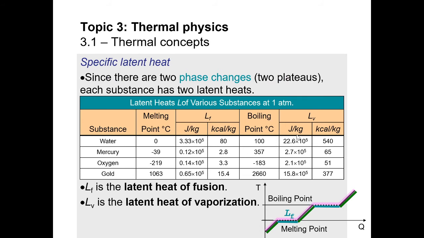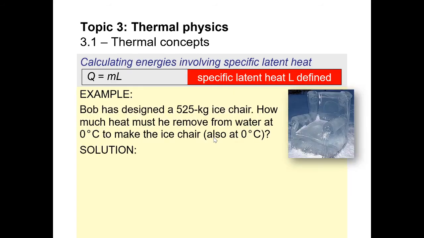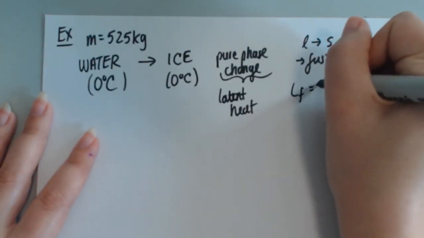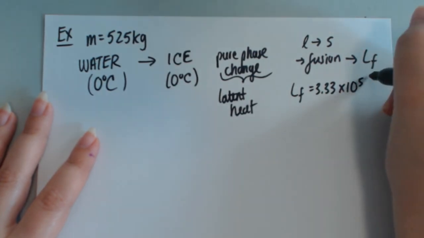So you see, if you accidentally get vaporization, your number is going to be way too big. So 3.33 times 10 to the 5, and the units are joules per kilogram.